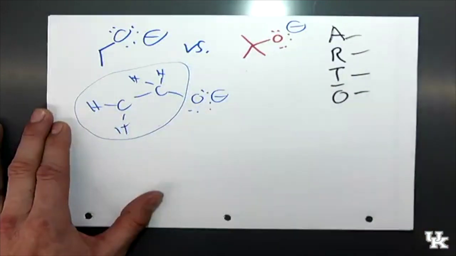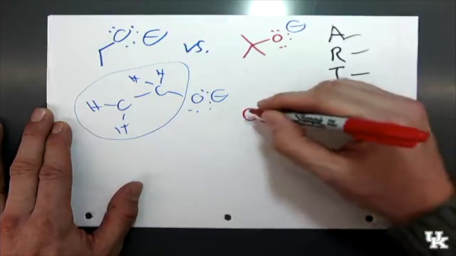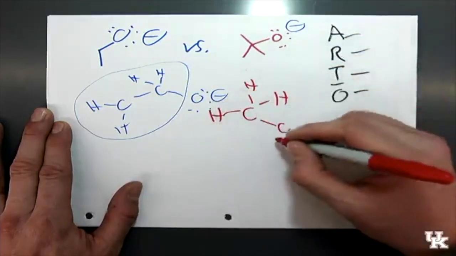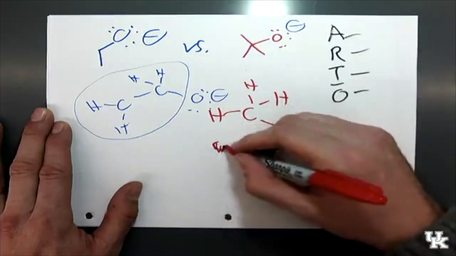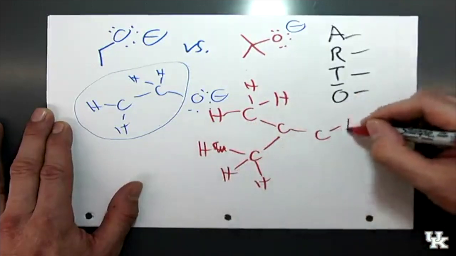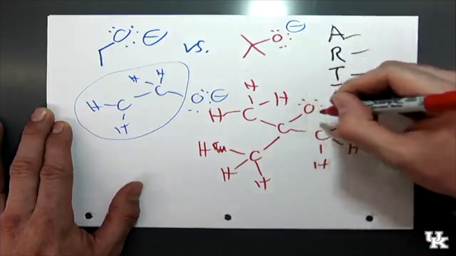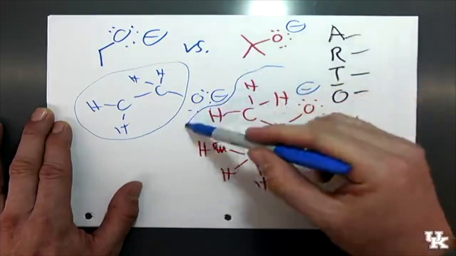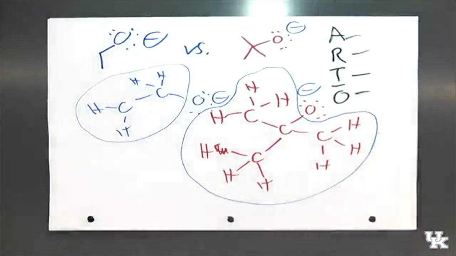And the negative charge. But if you have this molecule, you have C, C, H. Oh, that should be an H. We're almost there, guys. And then the negatively charged oxygen. Hopefully, from this very crude drawing, you can see the size difference in those two molecules.